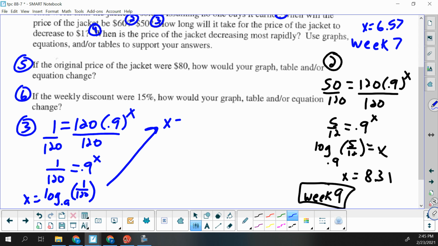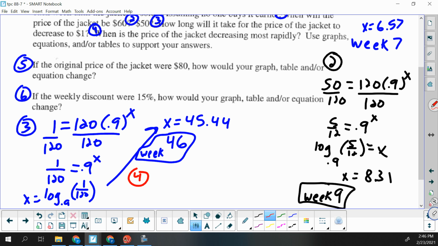And when we put that in, we're going to get x equals 45.44. So again, if it didn't happen in the 45th week, it won't happen again until the 46th week. So we'll have week 46. And the reason for that, sometimes things don't happen at the in-between values. They're dropping the price each week. It's not being continually dropped throughout the week.